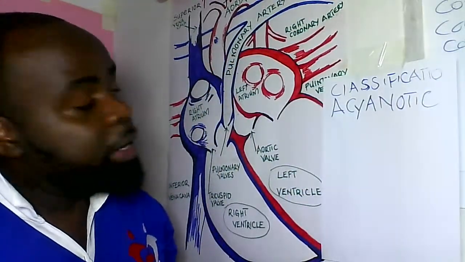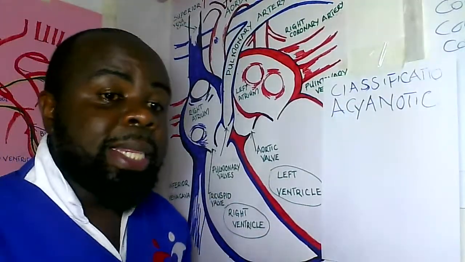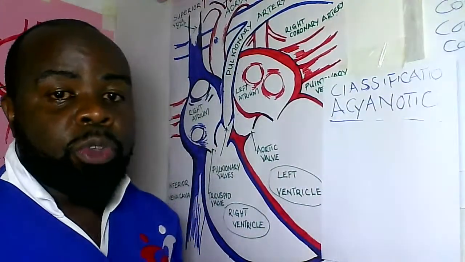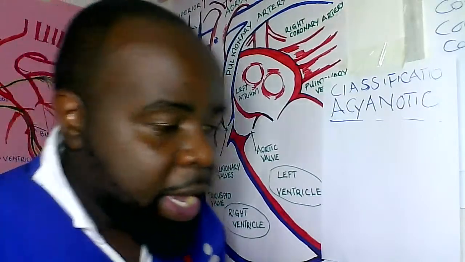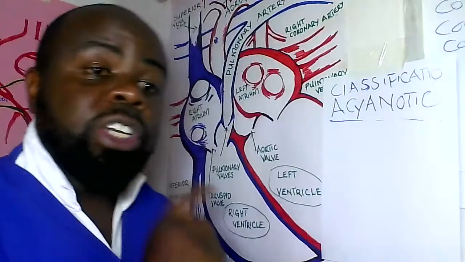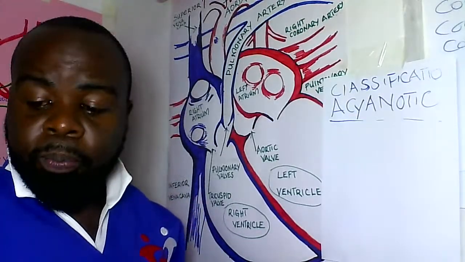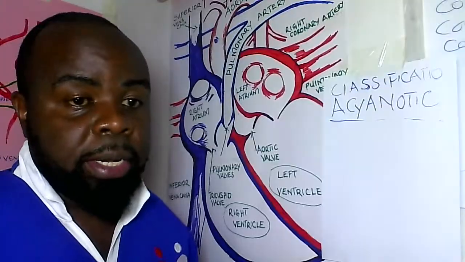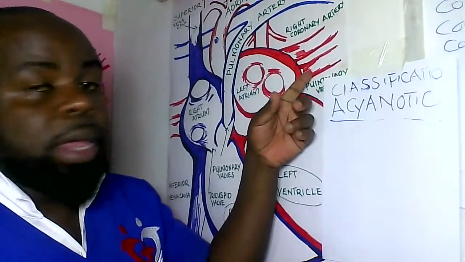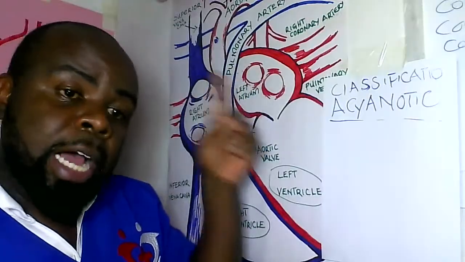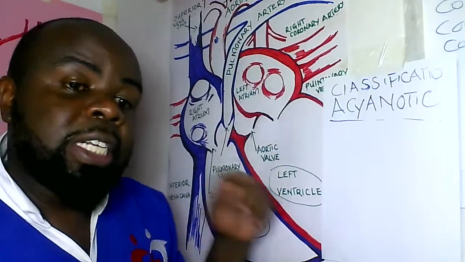No cyanosis. When you hear anything about acyanotic, you should know that acyanotic means there is no lack of oxygen, because the blood that comes from the left is coming from the lungs, so it is oxygenated.